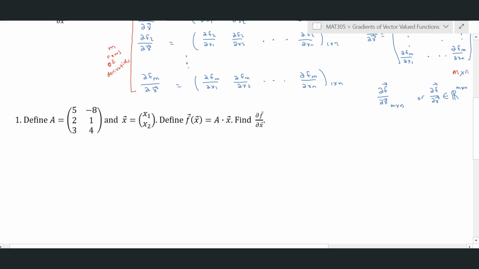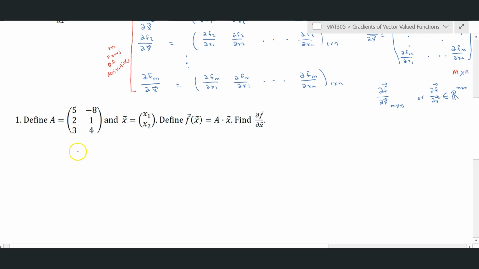All right, let's take a look at this in terms of an example where our function involves taking a vector containing two variables multiplied by this matrix A, and let's suppose that we want to find its derivative. So first of all, let's think about what our function is and what our variable x is.